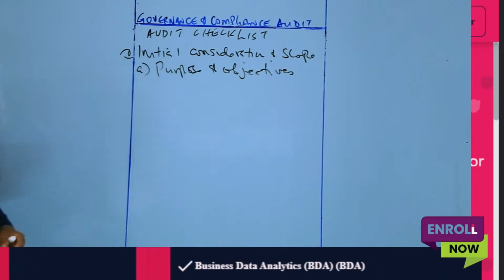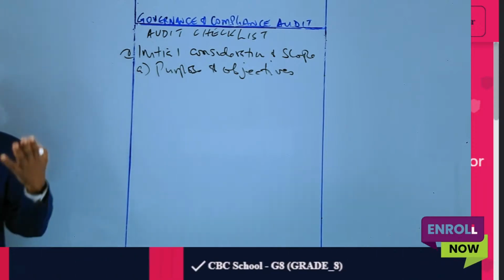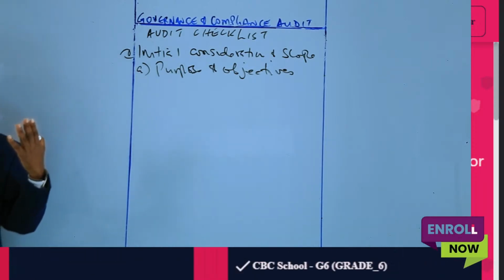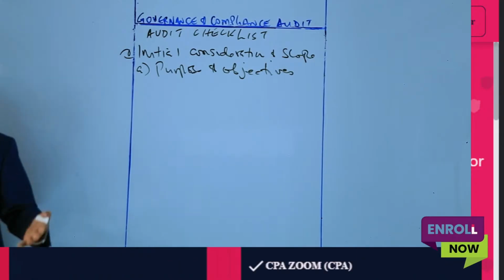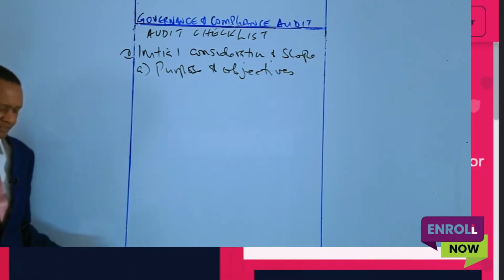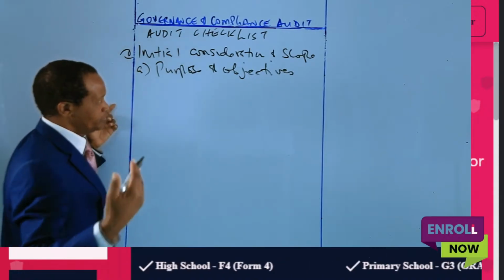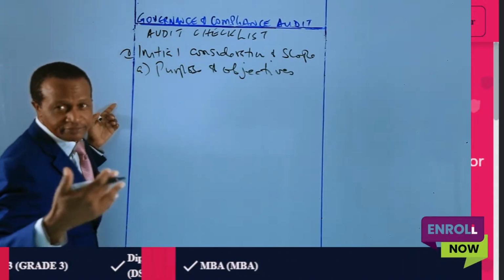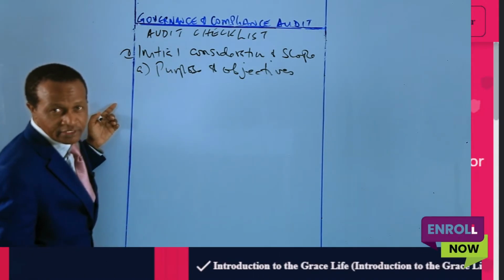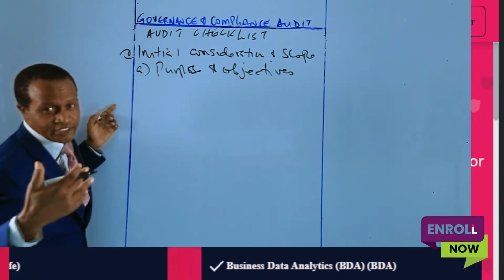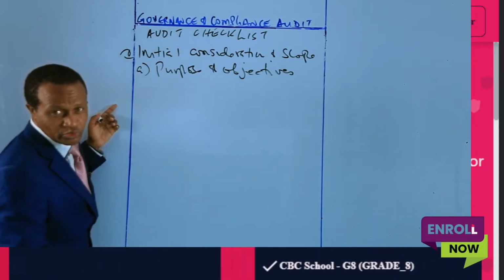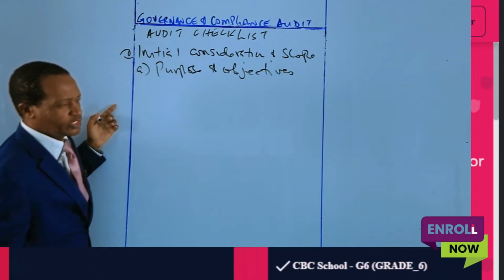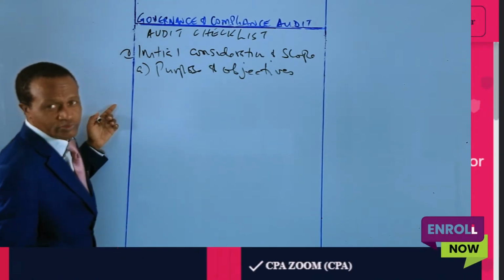The checklist must answer questions like whether the audit objectives have been clearly defined. Have the audit objectives been clearly defined? The objective could be to assess compliance with the data protection laws or to evaluate board oversight and so on.